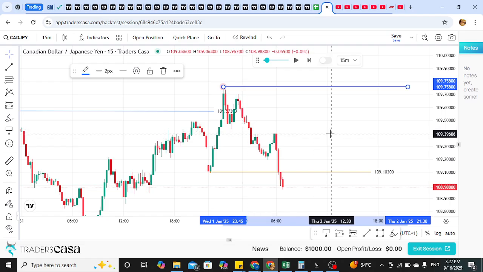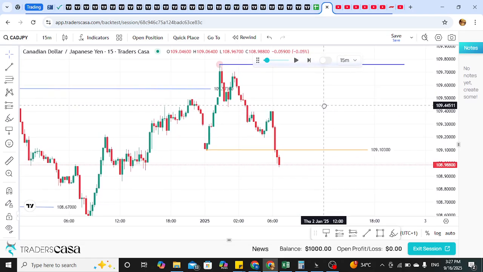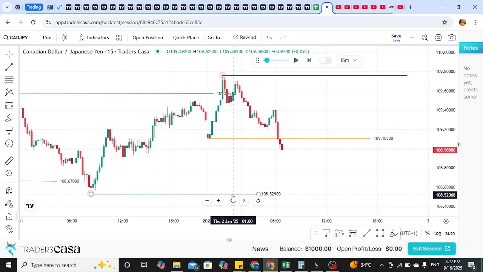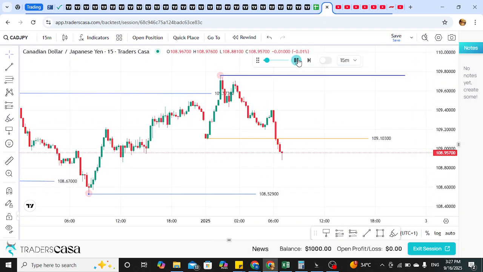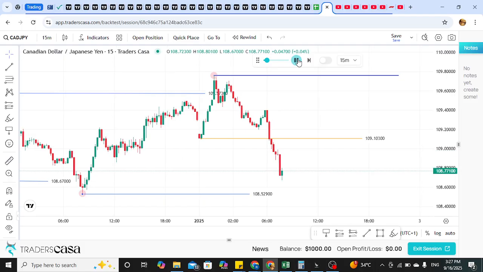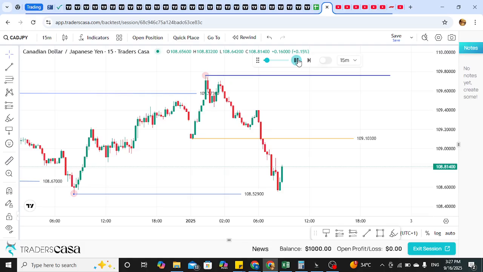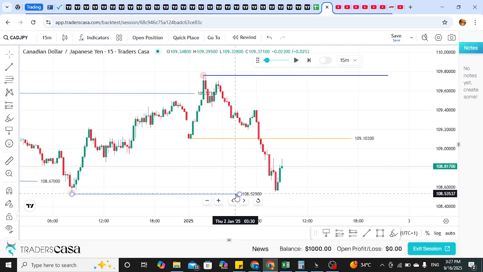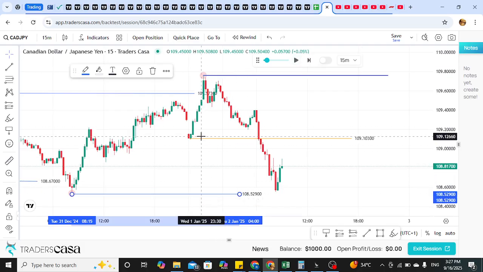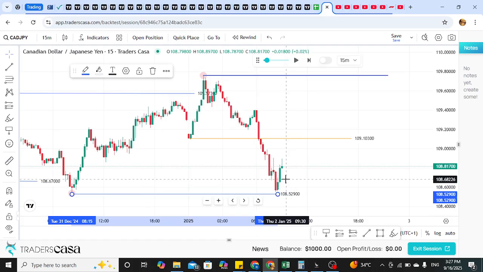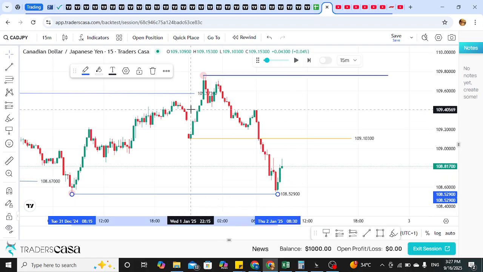Okay, so this is the range now. This is the low, this is the high. Let's check if this was hit. No, it wasn't.